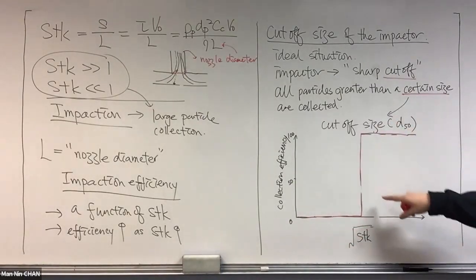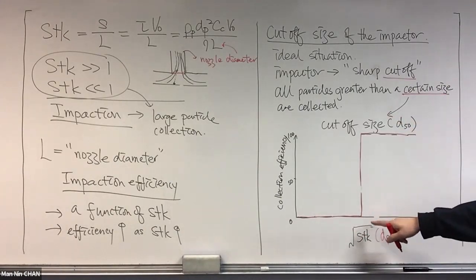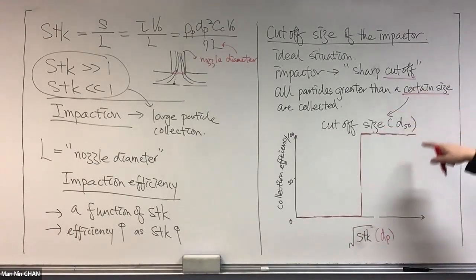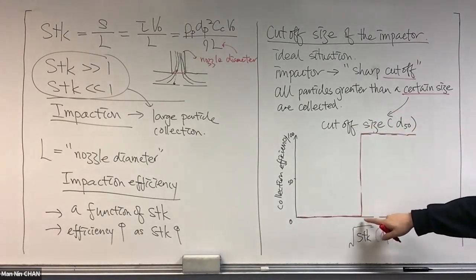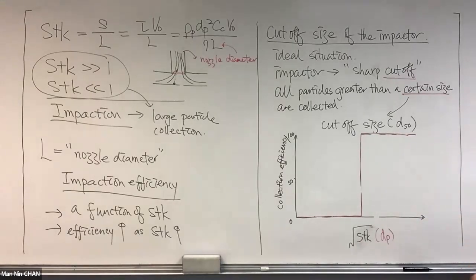But when your particle size is larger than this cutoff size, you have 100% collection efficiency. This is the ideal case.